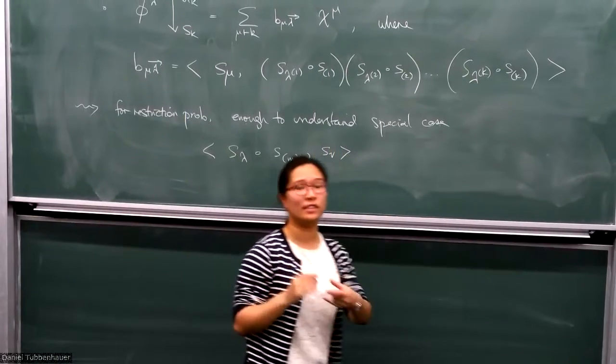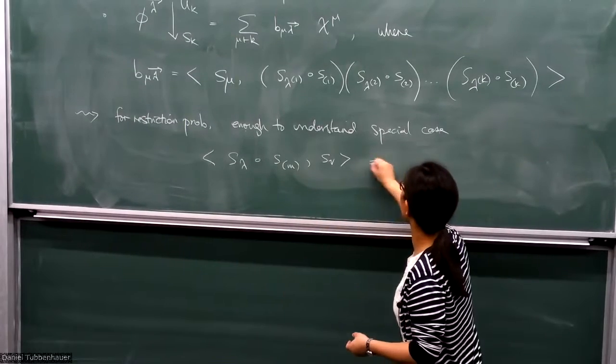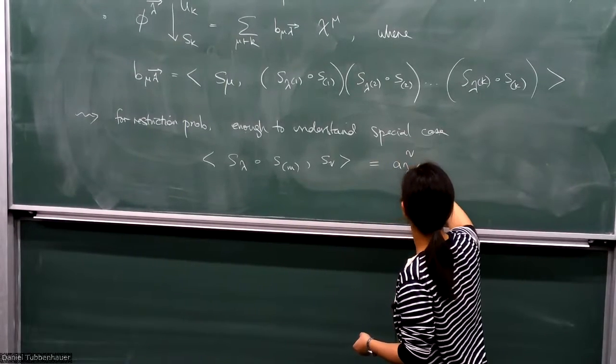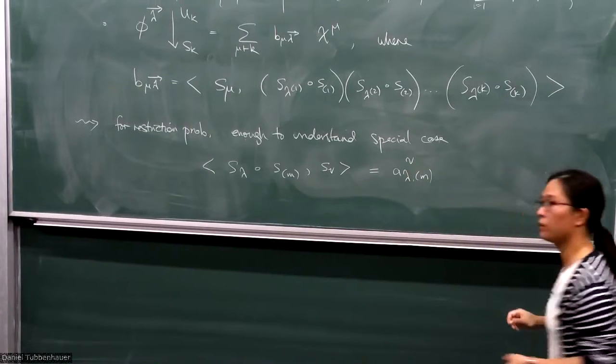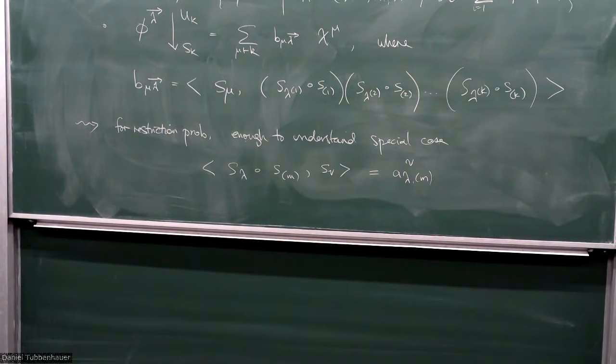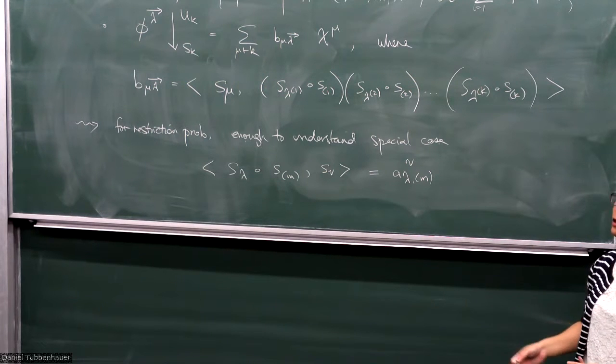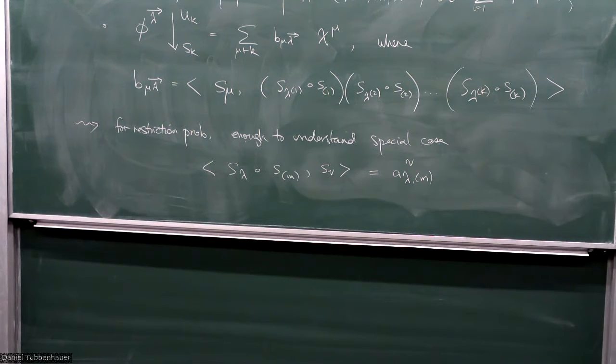But of course, this is exactly a new lambda n, which is what our formula gives a sort of recursive way to describe. And so this gives us a new framework for tackling the restriction.